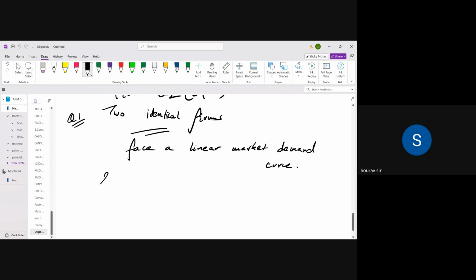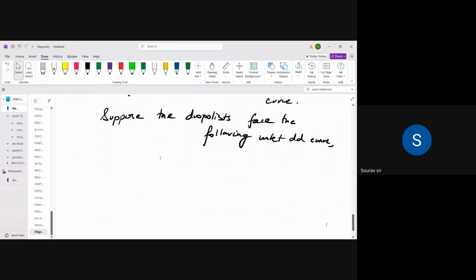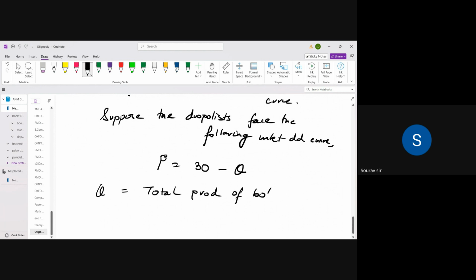Suppose the duopolists face the following market demand curve. P is 30 minus Q, where Q is the total production of both firms.